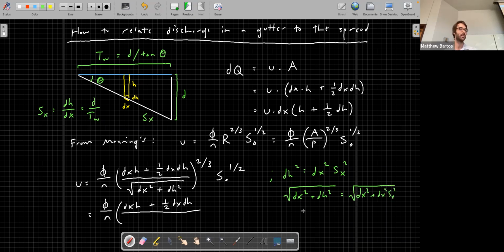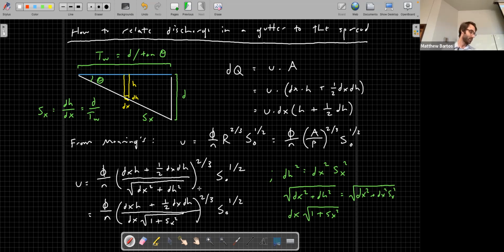We can factor out the dx squared, and so what we end up with is dx times square root of 1 plus s_x squared. We'll put that in on the bottom. Take all of this to the 2/3 times the bottom slope to the 1/2 power. And we are almost there.